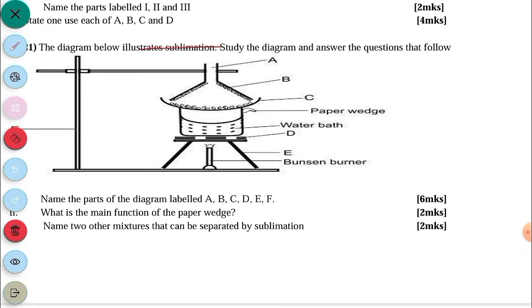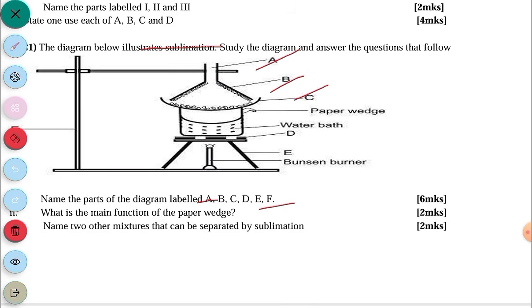The diagram below illustrates sublimation. Study the diagram and answer the questions that follow. We are asked to name A to F. So A is the tube or the pipe. B is the funnel itself. C is the China dish. Then D is the wire gauze.